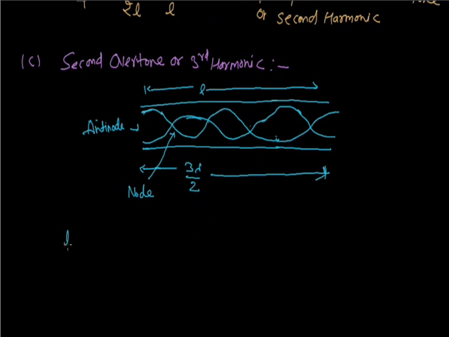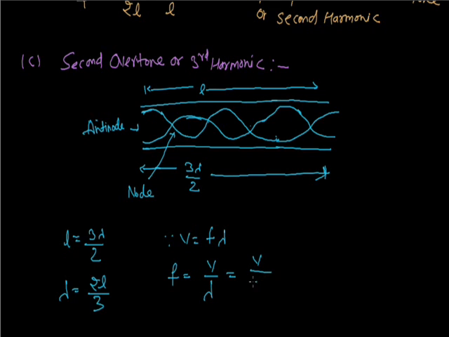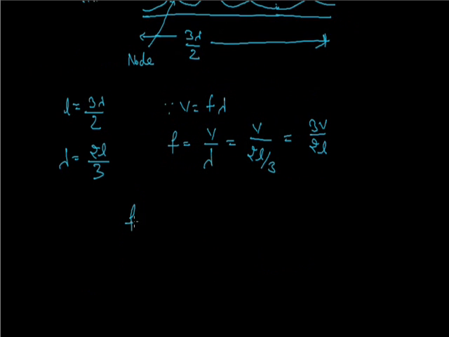So length L is equal to 3 lambda by 2, and the wavelength will be 2L by 3. Velocity is equal to frequency into wavelength, so frequency will be velocity upon wavelength. Putting in the wavelength 2L by 3, F is equal to 3V by 2L.